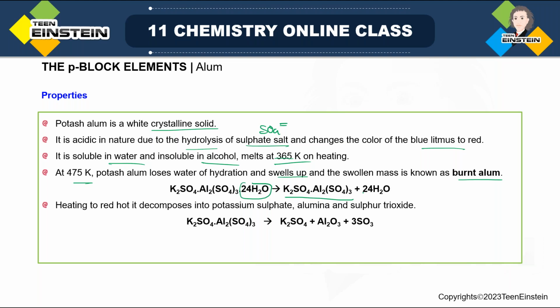Now if we heat it further to red hot, that is, beyond 475, there will be decomposition. See how it is decomposed. This part has no change, but Al2(SO4)3 is cleaved to Al2O3 and SO4 is changed to sulfur trioxide. Okay.